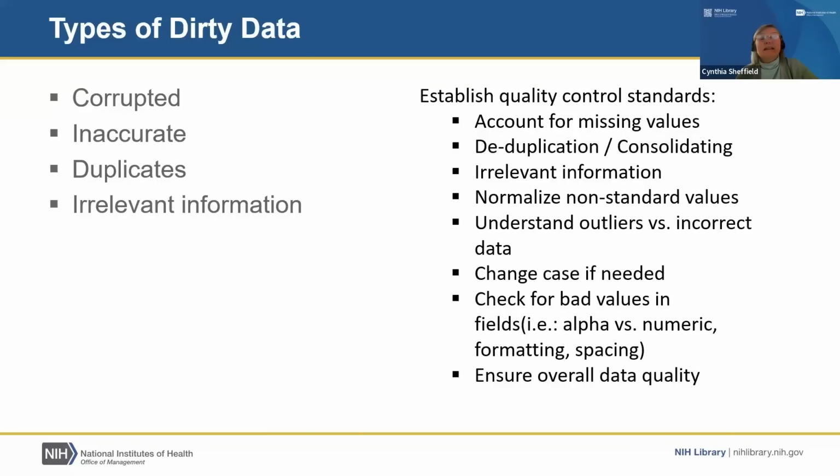For dirty data, again, conversely, you want to make sure your data is not corrupted or inaccurate or containing duplicate values, or perhaps that there's irrelevant data, that there might be data present that isn't helping you answer your question. And so you want to eliminate that data, or perhaps that whole column or field in your data set if it's not going to help you process the answer to your question effectively.